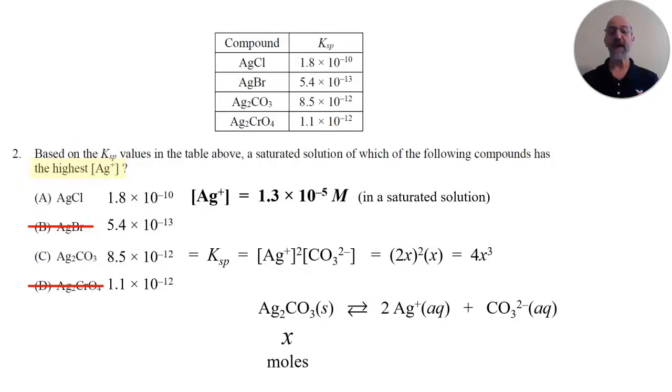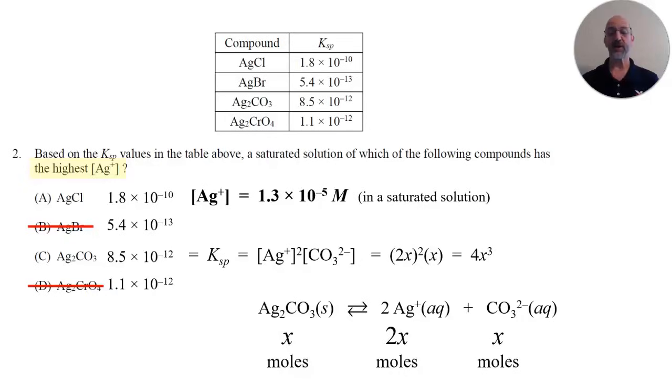So for every X moles of silver carbonate that dissolves in water, we would get X moles of carbonate ions, but we would get 2X for the number of moles of silver ions. So hopefully you can see that the setup to solve for x would be 2x quantity squared times x, which is 4x cubed.